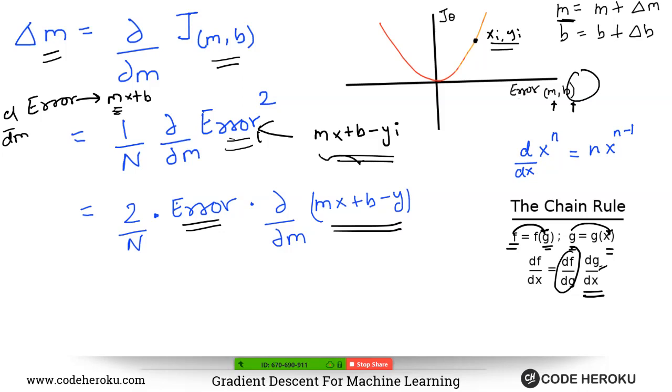Does that make sense? So the only thing I'm saying is you can't just get away with saying 2 by n times error. You have to say 2 by n times error, but also take a partial derivative of mx plus b minus yi.